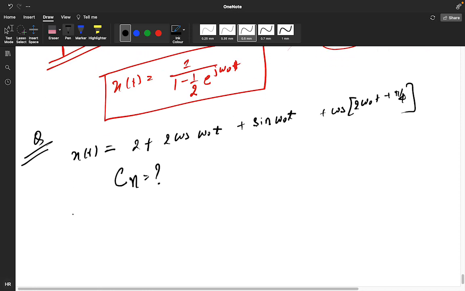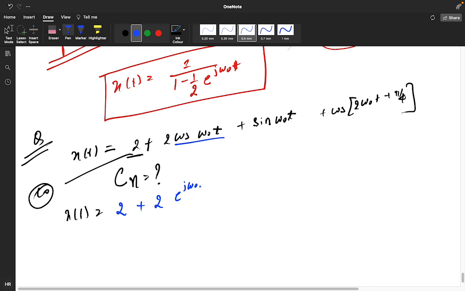This is very easy. In x of t, this 2 denotes c0. So write it like this: 2 plus 2 times cos omega naught t, which is e power j omega naught t plus e power minus j omega naught t, divided by 2.